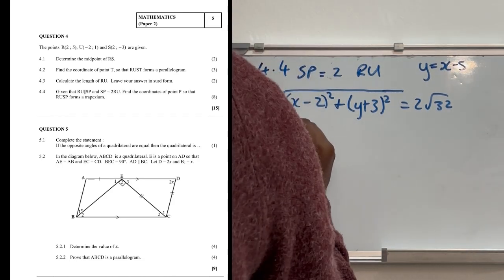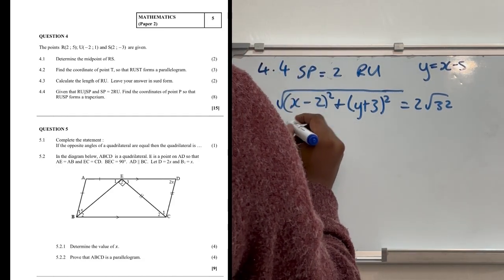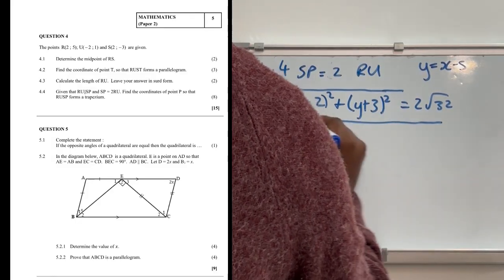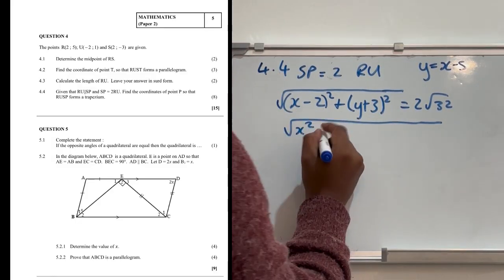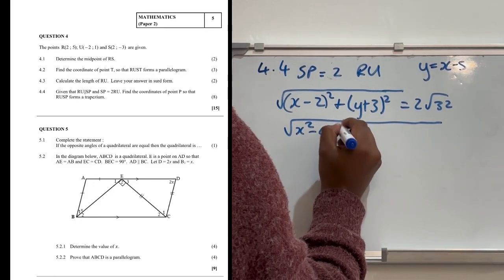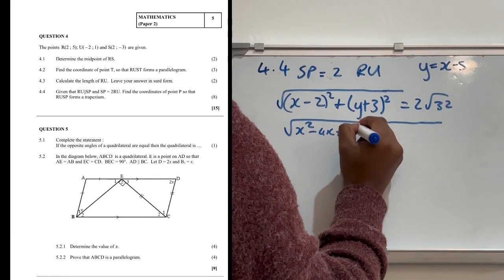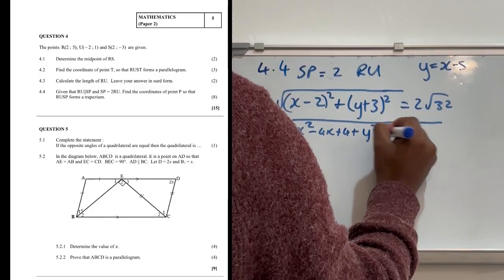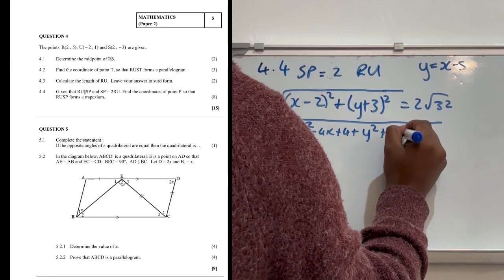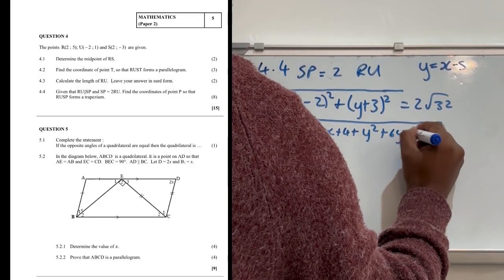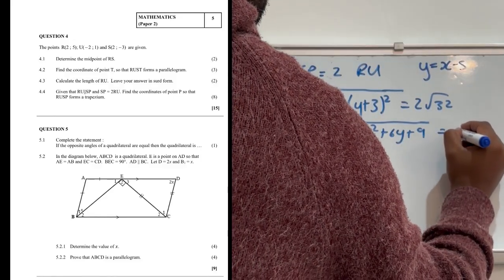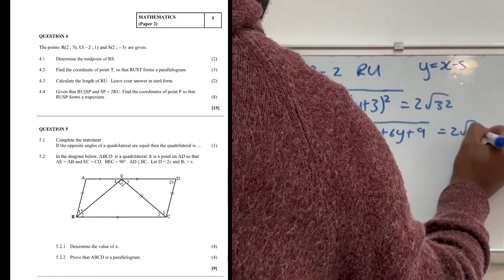Okay, if we multiply this out, it's going to be a long thing: x squared minus 4x plus 4, plus y squared plus 6y plus 9, and that's equal to 2 square root 32.